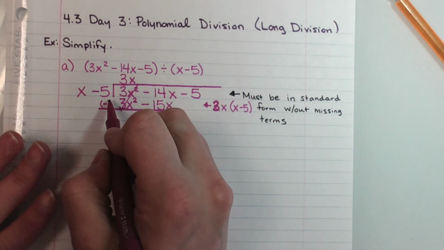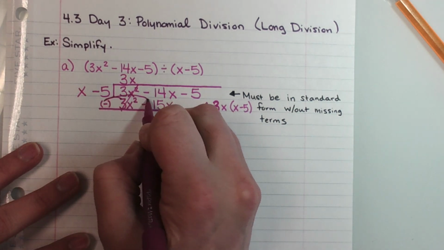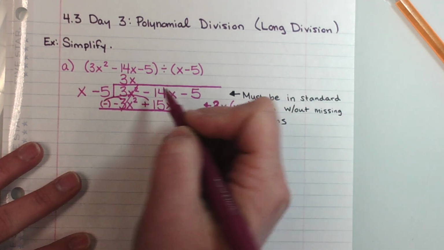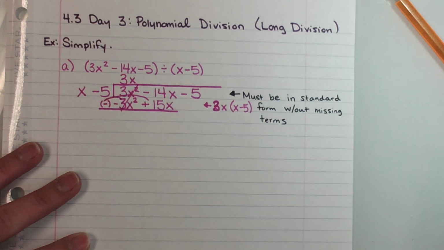If it makes it easier for you, you can distribute your negative through. Makes that a minus, makes that a plus. 3 minus 3, negative 14 plus 15. You can distribute the negative through if that makes it easier. And in fact, I typically do that.